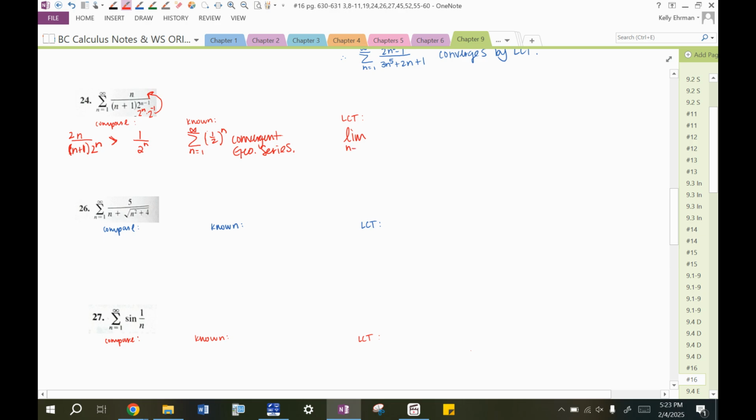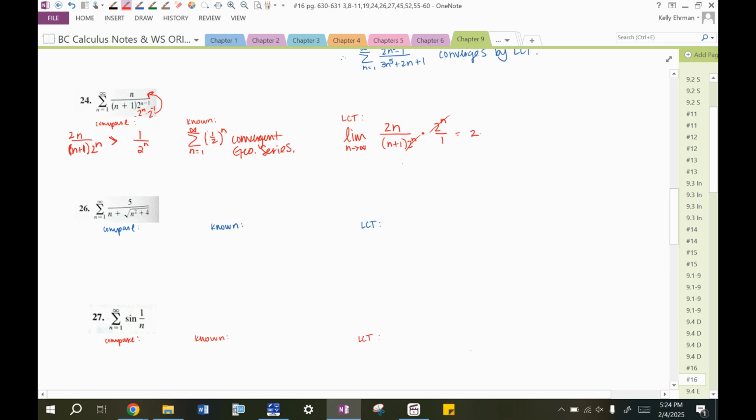So we take the limit as n approaches infinity of our unknown term. So I'm going to keep it as 2n over n plus 1 times 2 to the n, divided by our known 1 over 2 to the n, but I'm going to make that times 2 to the n over 1. These 2 to the n's would kind of cancel out here, and then you're looking at this limit, which is same degree top and bottom, so that limit is 2.